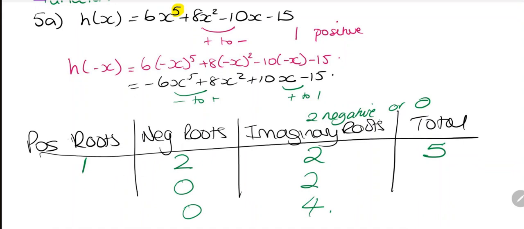So if there's only 1 positive and there could be 2 or 0 negative, that means there must be 4 imaginary roots. So we need to check with the graph to see which is correct.